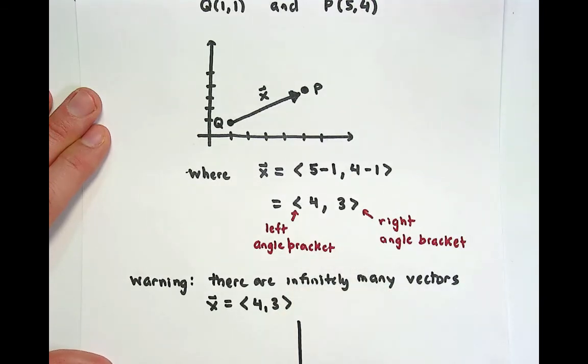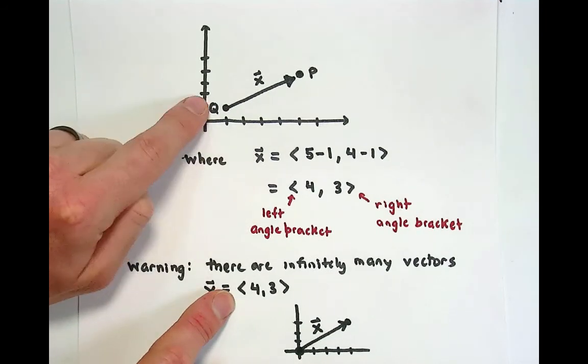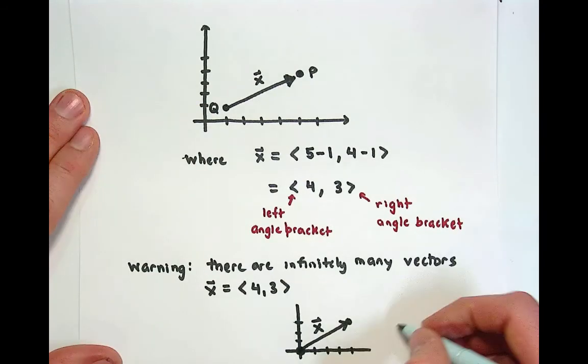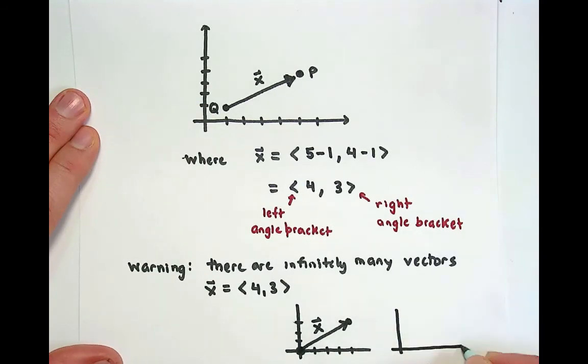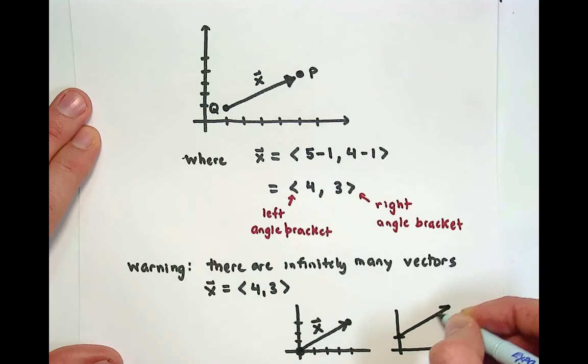Here's the origin. Goes 1, 2, 3, 4 over, 1, 2, 3 up. So here's a vector x that actually, if I didn't tell you, you wouldn't know whether this vector was this one or that one. Similarly, I could write yet a third vector, the exact same vector that starts at 1, goes 4 over and 3 up. Same exact vector.